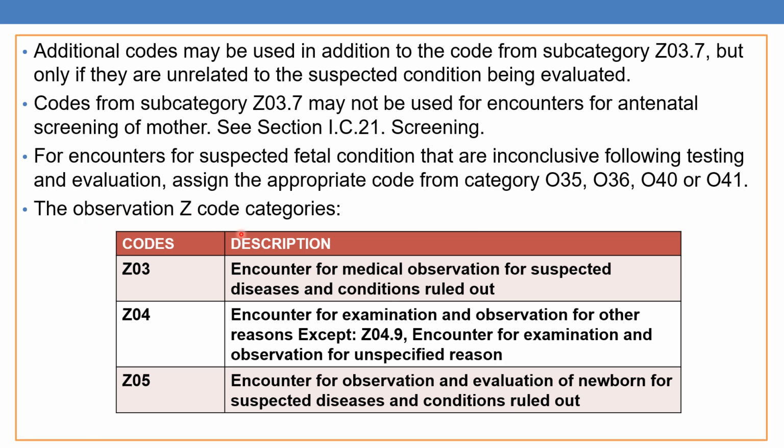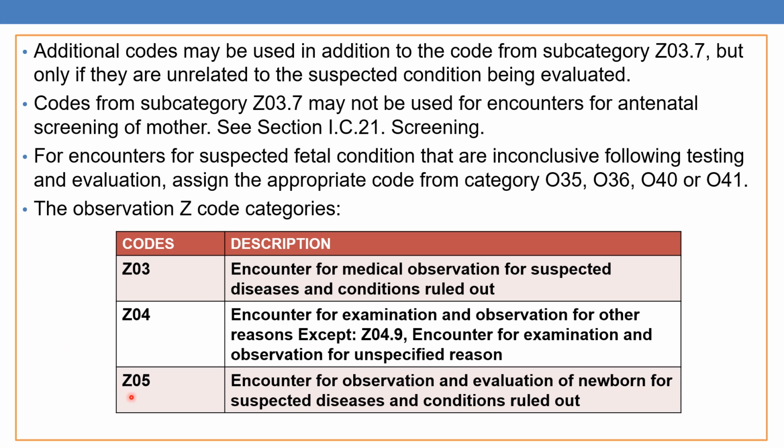Now coming to observation Z code categories, there are three categories: Z03, Z04 and Z05. Z03 deals with encounter for medical observation for suspected diseases and conditions ruled out. Z04 deals with encounter for examination and observation for other reasons, except Z04.9, encounter for examination and observation for unspecified reason.